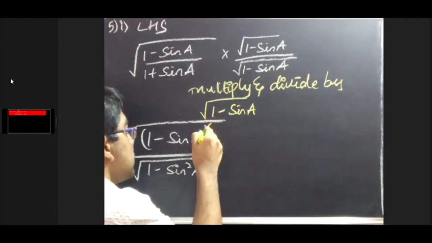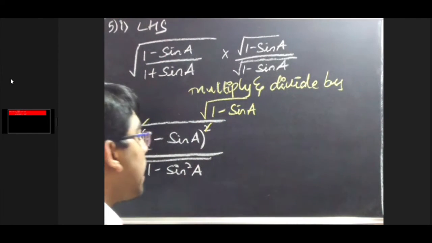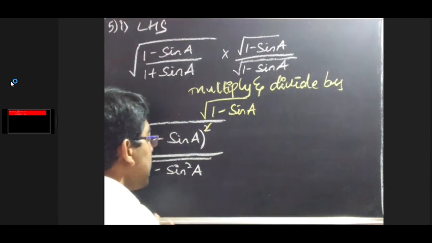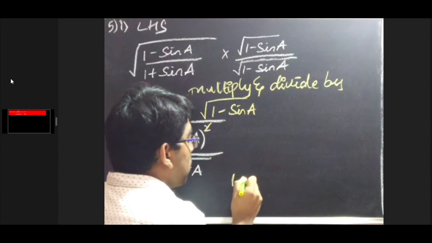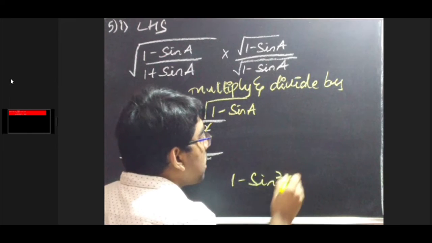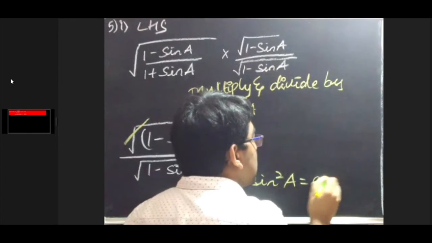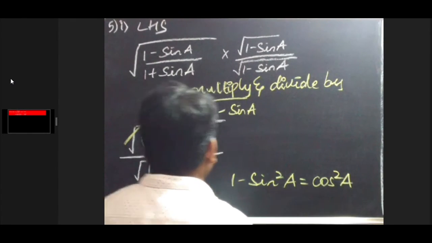So this root and this root get cancelled, and in the next step, 1 minus sine square A can also be written as cos square A, right?